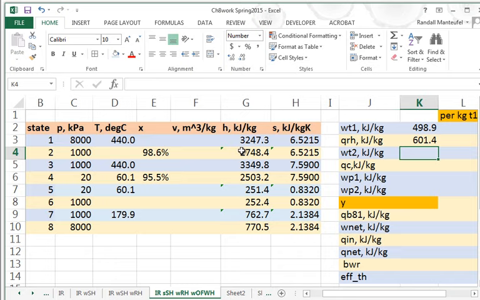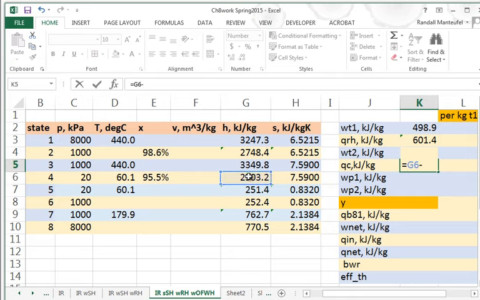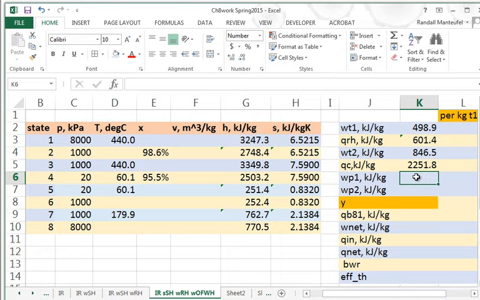How about for the second turbine? The work of turbine 2 will be H3 minus H4. How about Q of the condenser for what goes through the condenser? H4 minus H5. How about the work of the first pump? That's going to be H6 minus H1.